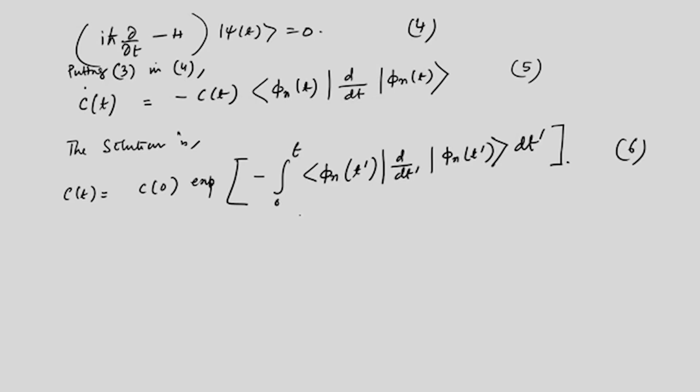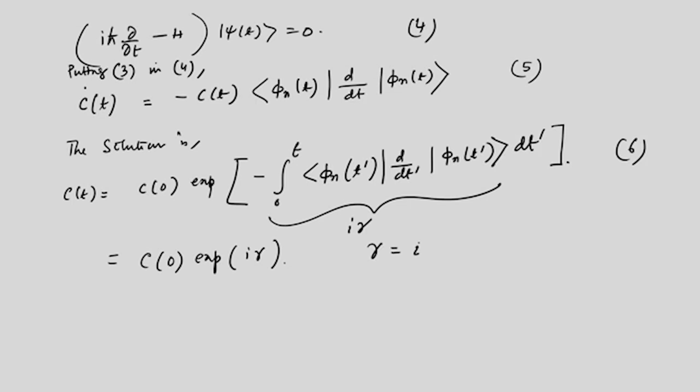Let us call this as i gamma, in the sense that we will write it as C0 exponential i gamma, where gamma is equal to i times the integral. I am absorbing the i in gamma. So, this is equal to integral 0 to t of phi n t prime d dt prime phi n t prime dt prime, the simple algebra I am doing.